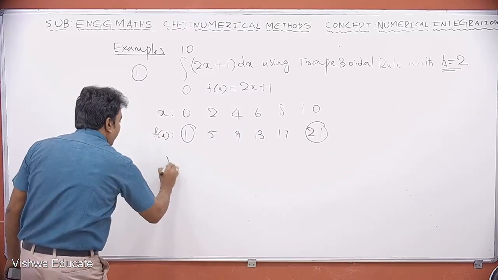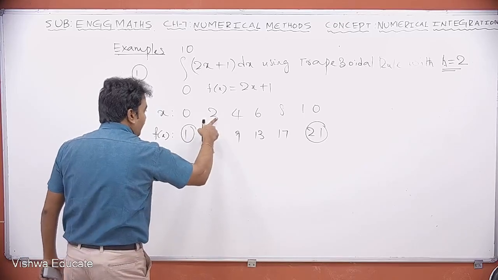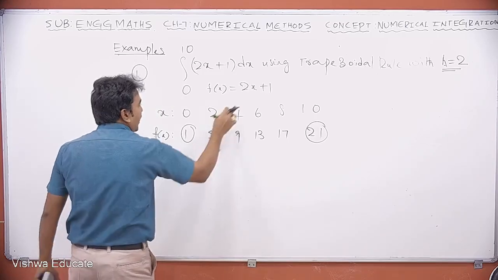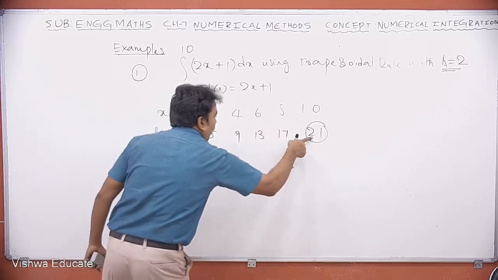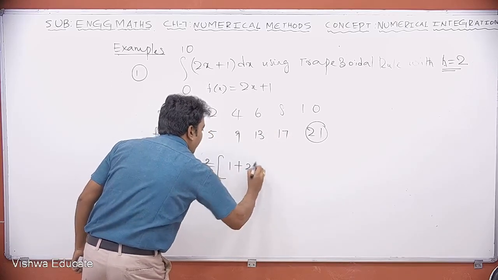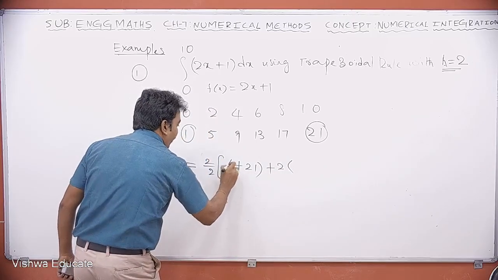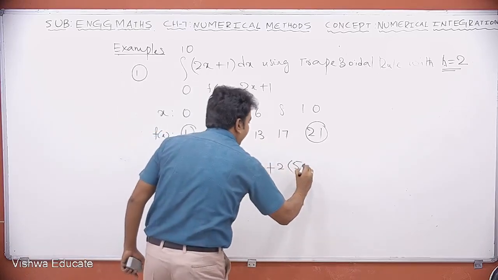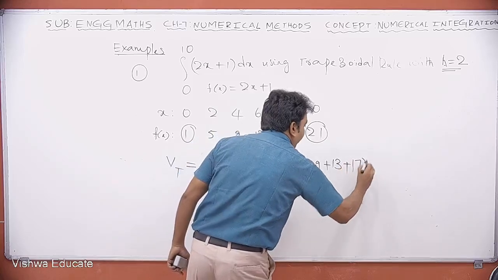Therefore value by trapezoidal rule is h by 2. H value is 2. So 2 by 2 into sum of first and last y values. It is 1 plus 21 plus 2 times sum of remaining y values. Remaining y values are 5, 9, 13, 17. 5 plus 9 plus 13 plus 17.